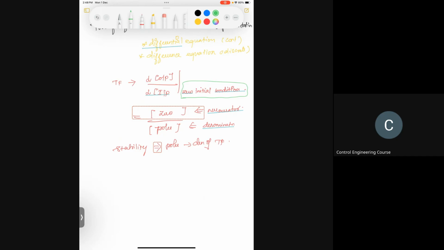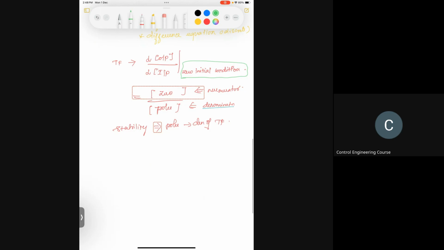The second catch, I don't know whether you think from this point of view: so far we have used only single input, single output systems. For example, if I take a system, I always consider R(s) as input and C(s) or Y(s) as output.